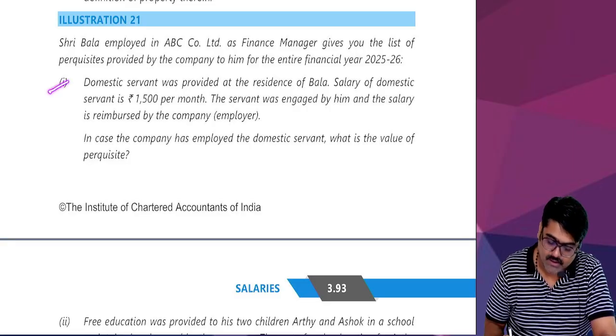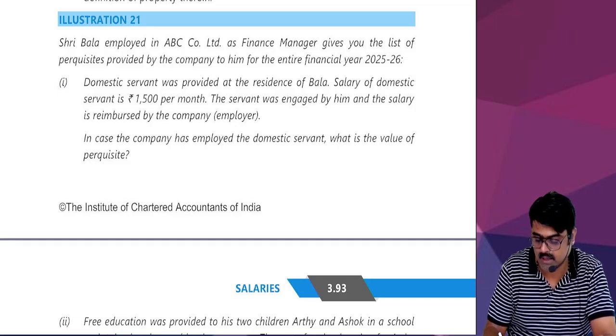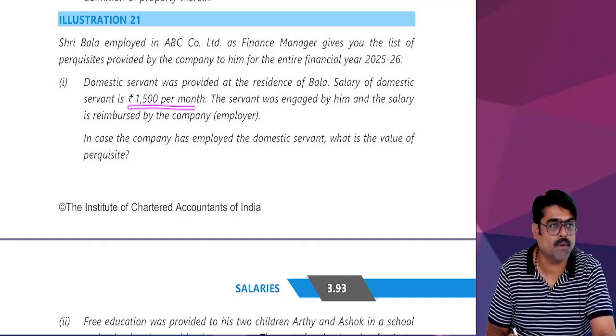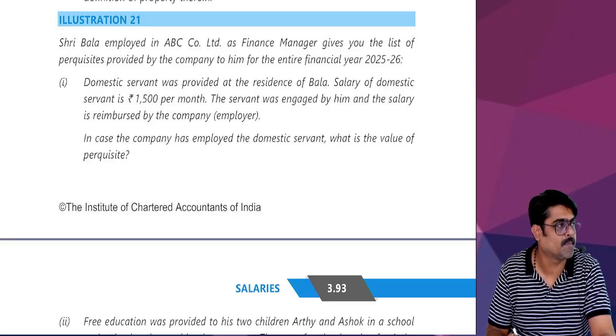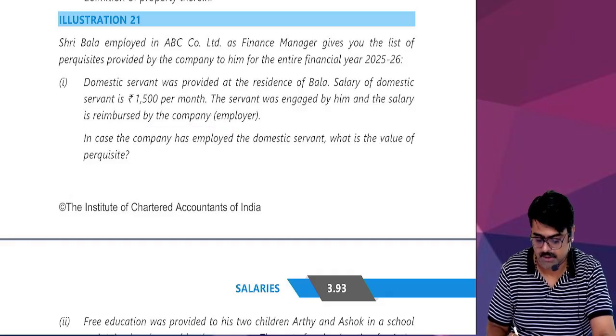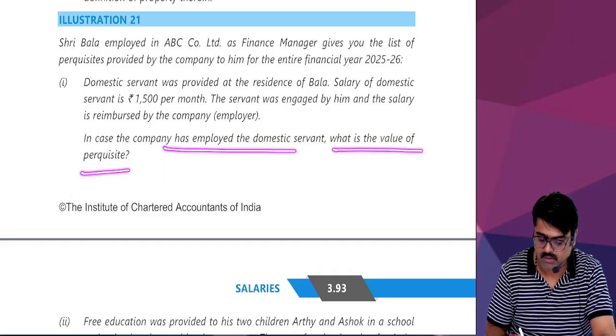Number 1, domestic servant was provided at the residence of Bala. Salary of domestic servant is 1500 per month. The servant was engaged by him and the salary is reimbursed by the company. In case the company has employed the domestic servant, what is the value of the perquisite?